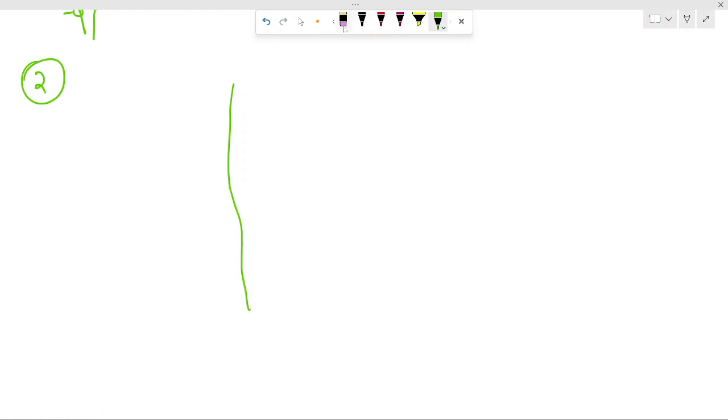Let's see the second one. The second one is about kinetic energy max and intensity. So what will be the nature of this graph? Let me draw that for you. Oh, it's a straight line, sorry.